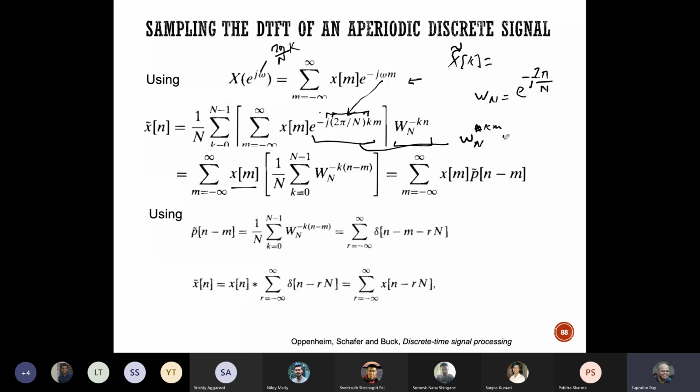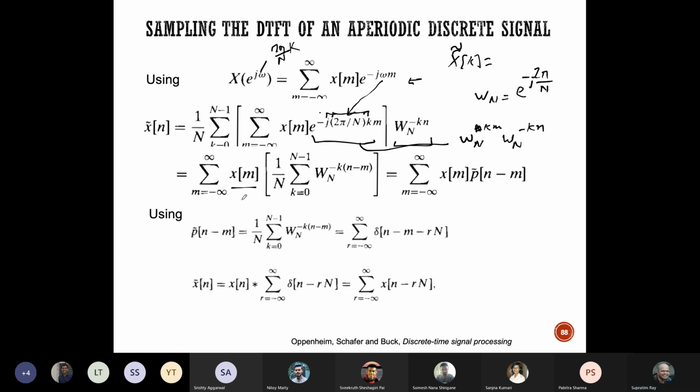And you have the W_N to the power minus kn outside. So together, it's just W_N to the power k(m minus n), going from k equal to 0 to N minus 1, and you also bring in the 1 by N here. So that's that.